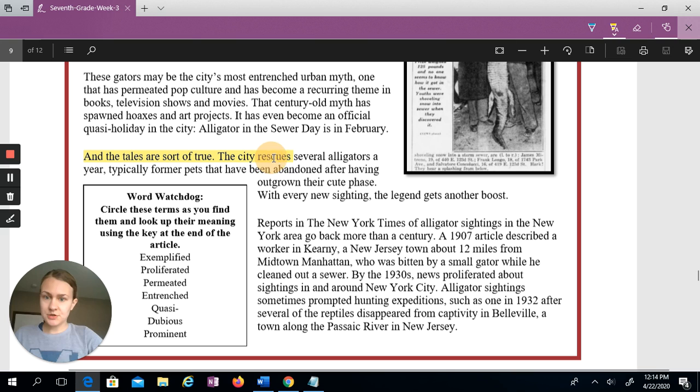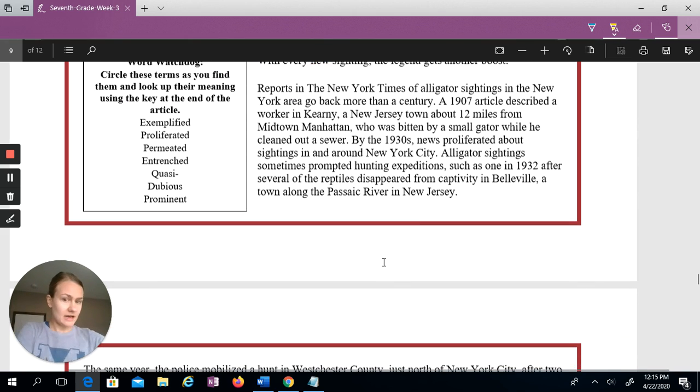And the city rescues several alligators that pets have been abandoned after growing from cubes. So right there, it supports our central idea that these tales of alligators are sort of true, right? They have rescued alligators from the sewer system, but they're not as big and scary as some of the myths say.